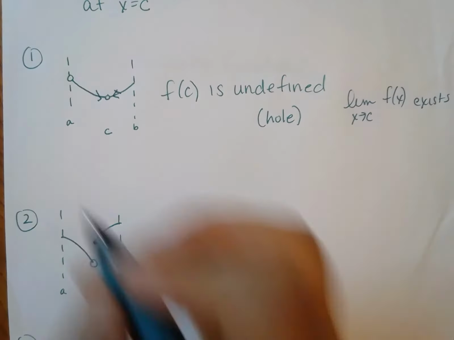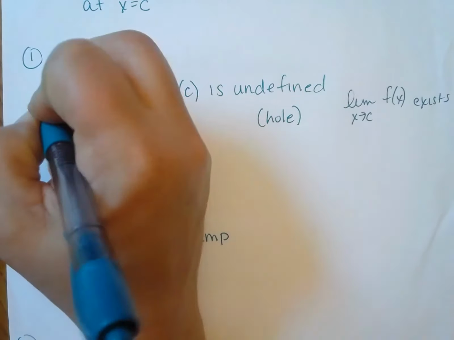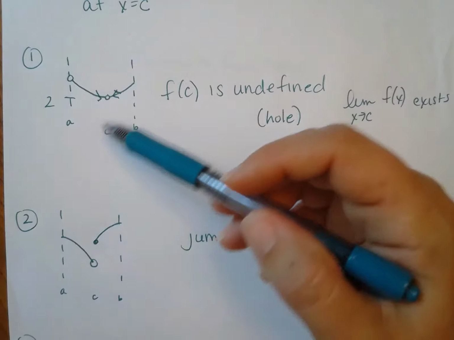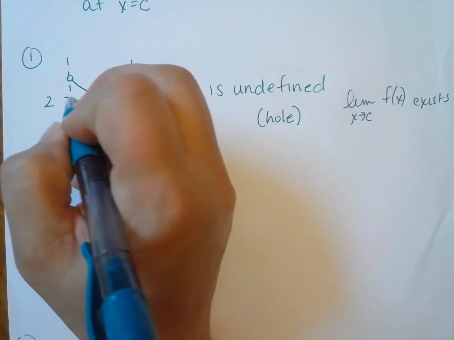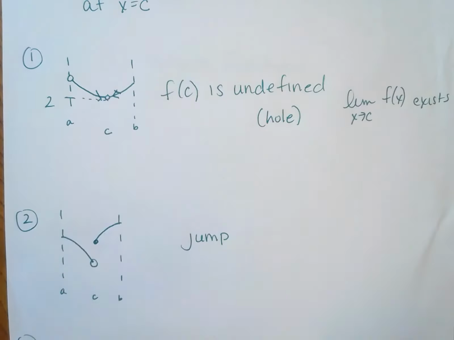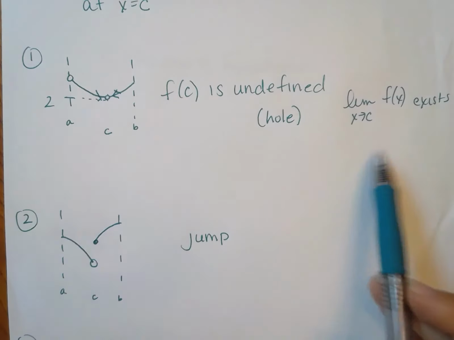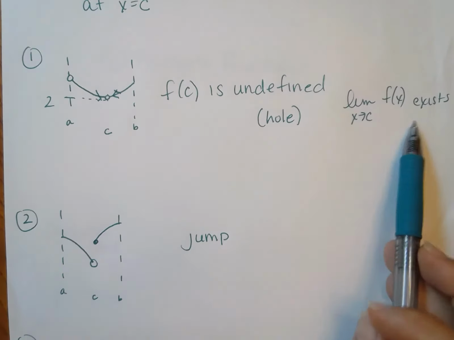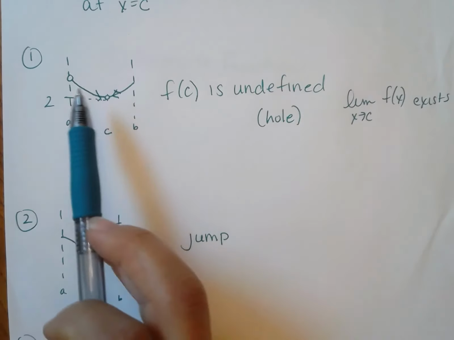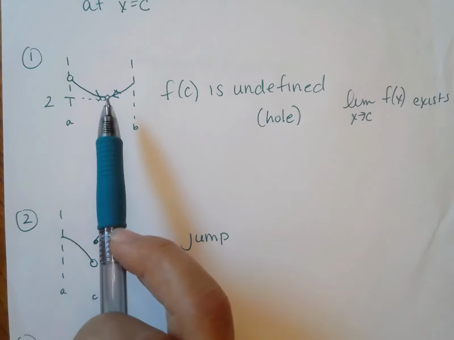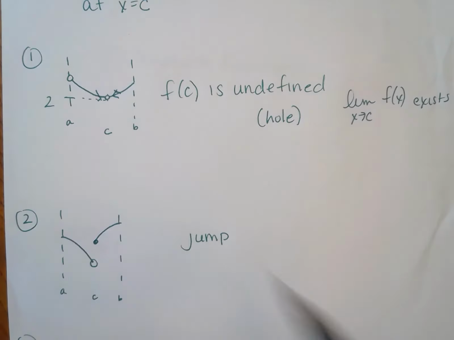So if I put a number here, and said that that was 2, then I would say that the limit as x approaches C would be 2, if it approached that y value right there. But f of C isn't defined. So in a case like this where I have this open hole, the limit as x approaches C does exist because the graph is approaching the same place on both sides. It doesn't matter if that point is filled in or not, remember?